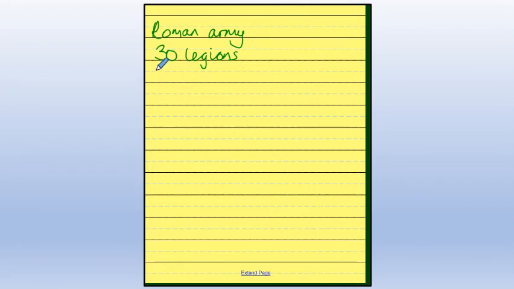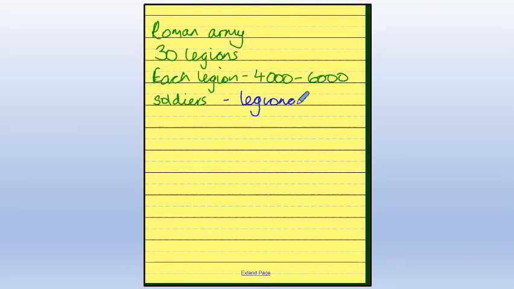So we could say that each legion had 4,000 to 6,000 soldiers, weren't there? And they were called legionaries. Quite a long word. But each legion had a legionary. Makes sense, doesn't it?